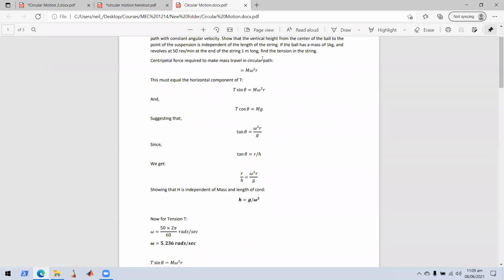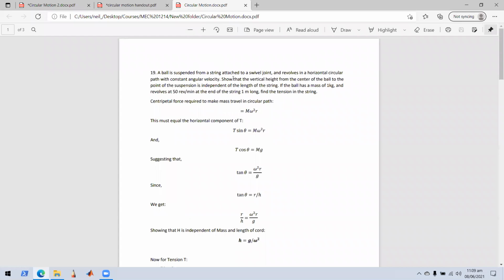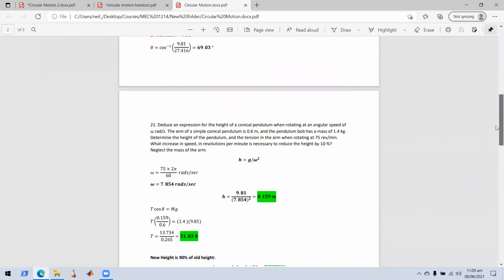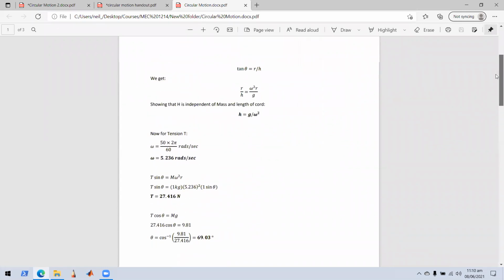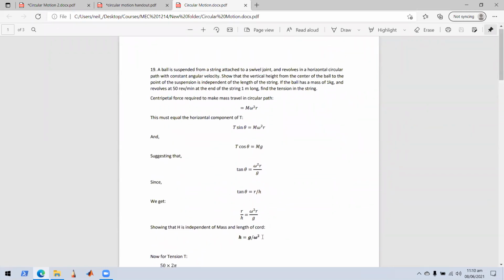Remember, we did a whole thing where the question said, deduce an expression for height in a conical pendulum. And it was this formula, but we had already done the derivation, which is this. So this is probably what she's referring to.